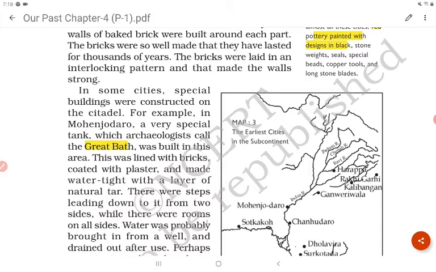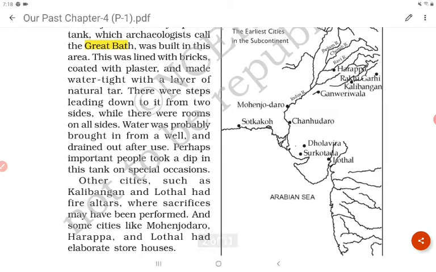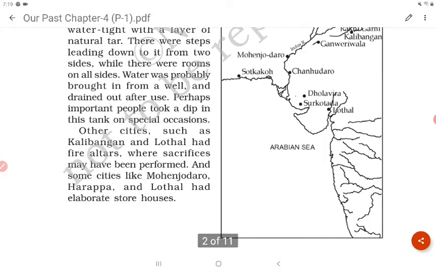There were steps leading down to it from two sides, while there were rooms on all sides. Water was probably brought in from a well and drained out after use. Perhaps important people took a dip in this tank on special occasions.